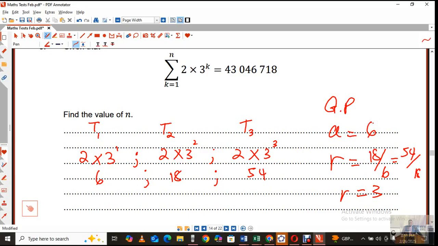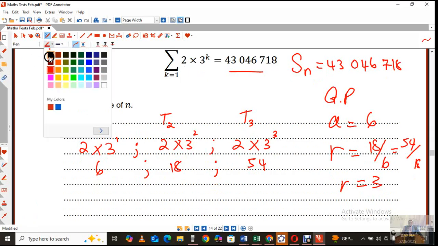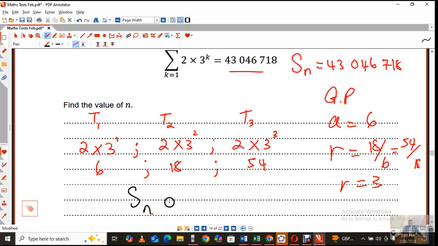We also know from our work here that S sub n is equal to this rather horrible number, 43,046,718. That's what we have. So what is it that we're going to use? Well, let's use our S sub n formula. What is our S sub n formula, if you remember? It's A times 1 minus r to the n, all over 1 minus r.